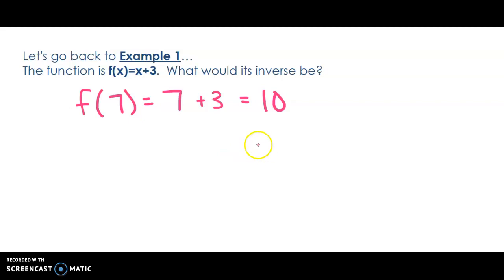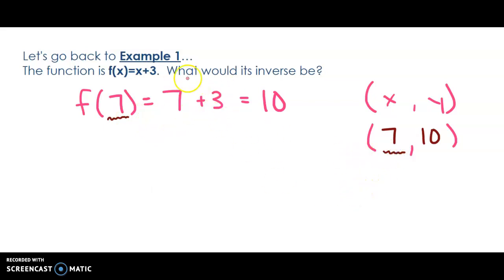And so if I'm thinking about my input and my output, and I want to write a point that I can plot on my graph, remember we're always doing x comma y, you tell me what is the x value that I plugged into this function, and then what is my y value? What was my output? I plugged in 7 for x, so that is my x value. And when I did that into f of x, my output was 10. That is my y value.